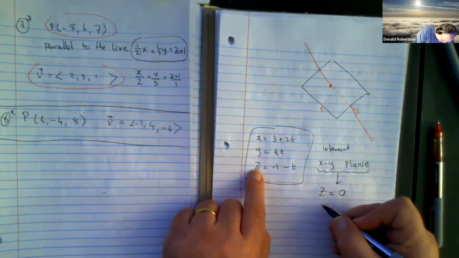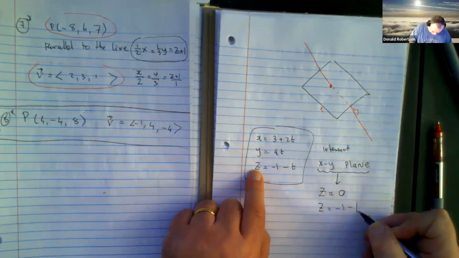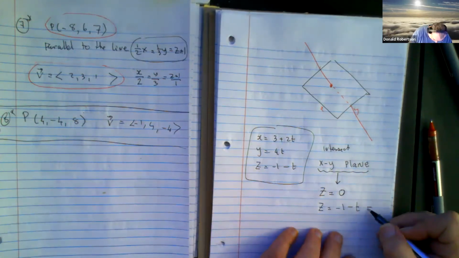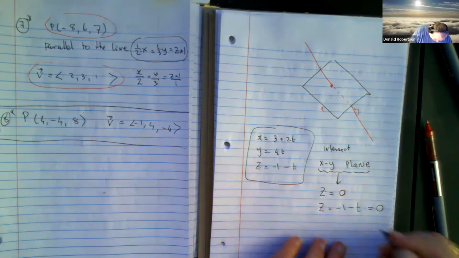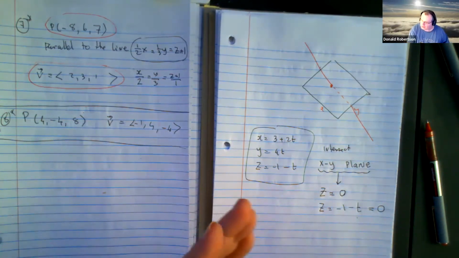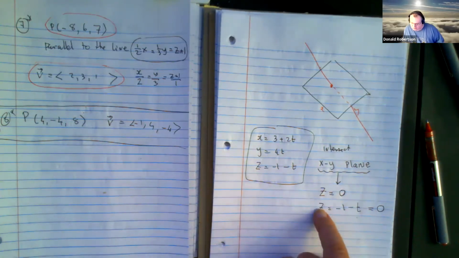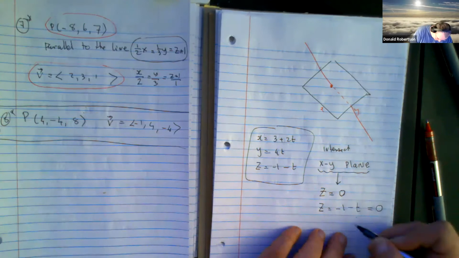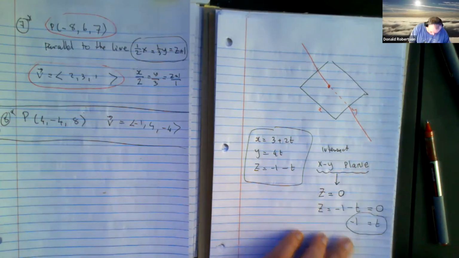This is the Z coordinate, and this is only going to equal 0. So I'm matching them up. Essentially what I'm looking for is the T value that works. The Z has to be 0, so this has to be 0. If I add T to both sides, I now get a T value of -1.